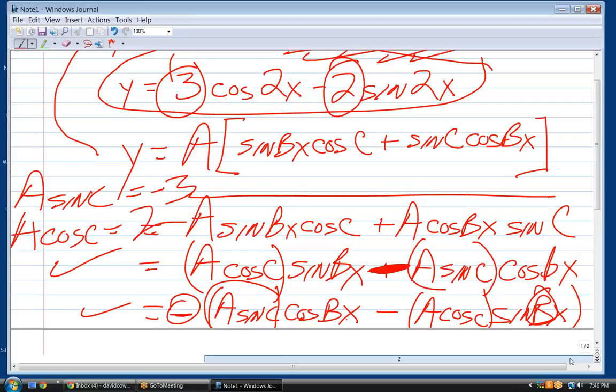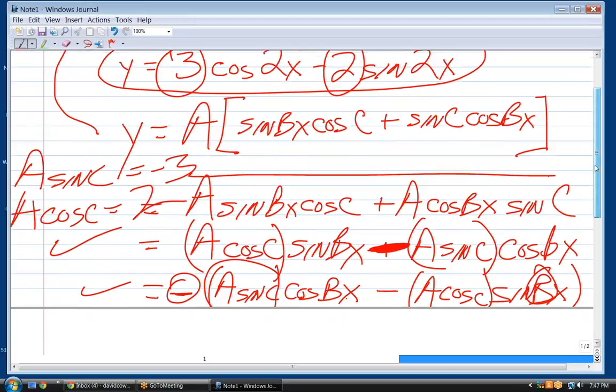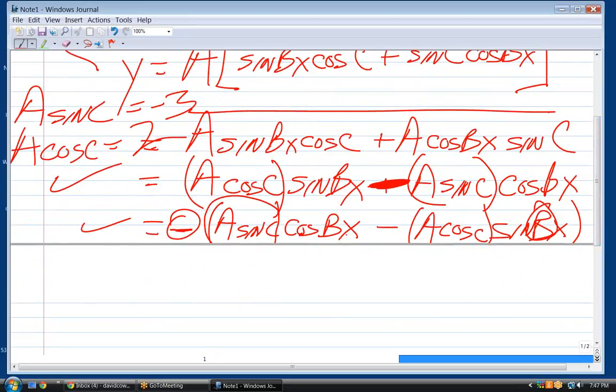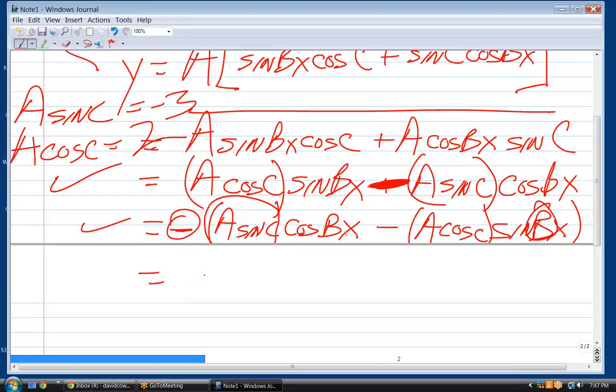So if A sine of C is 3 and A cosine of C is 2, this thing becomes the sine of C plus bx.